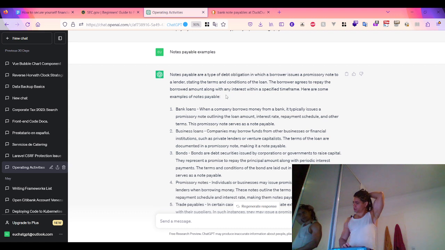And here are some examples of notes payable. So you have bank loans, business loans.